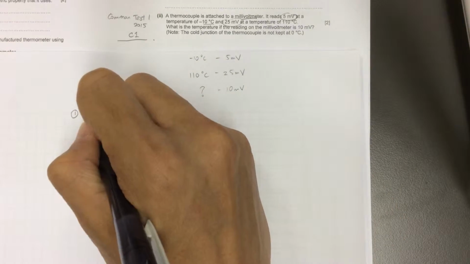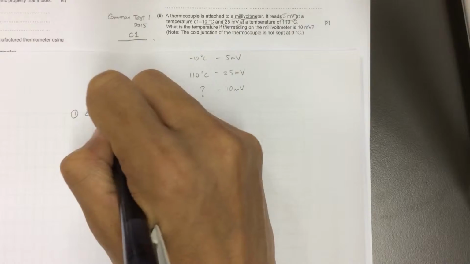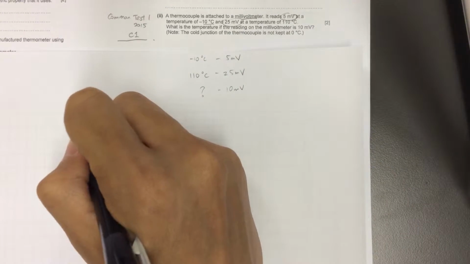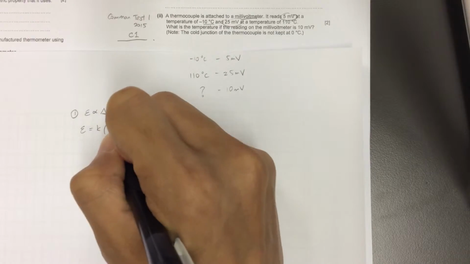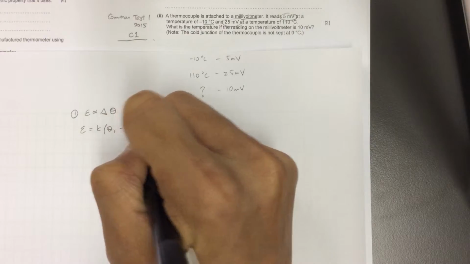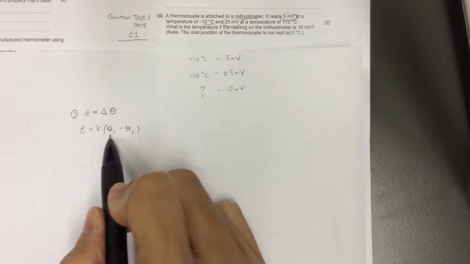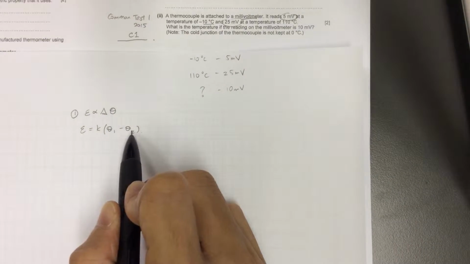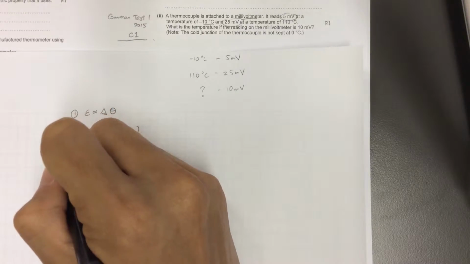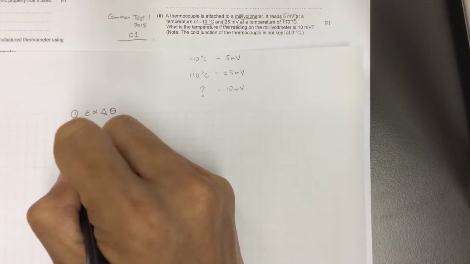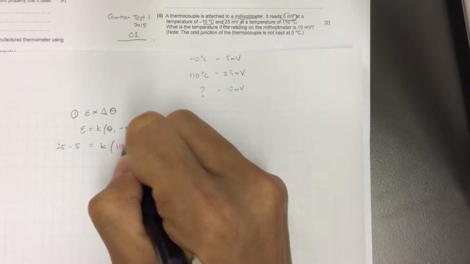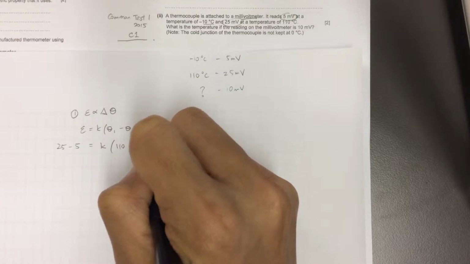E is proportionate to change in theta. And we write out the formula K theta 1 minus theta 2. Given that the difference in temperature gives you a difference in EMF, we can actually take 25 minus 5. 110 minus negative 10.